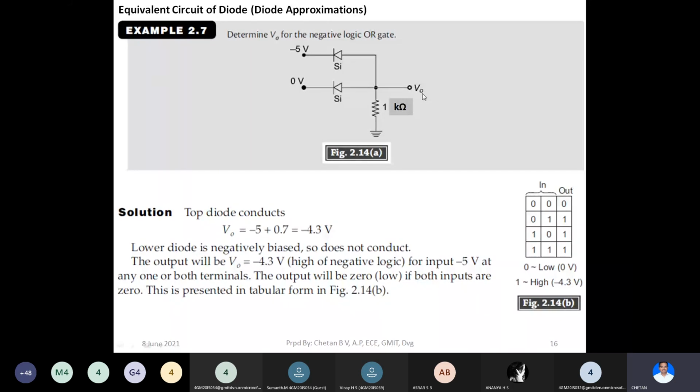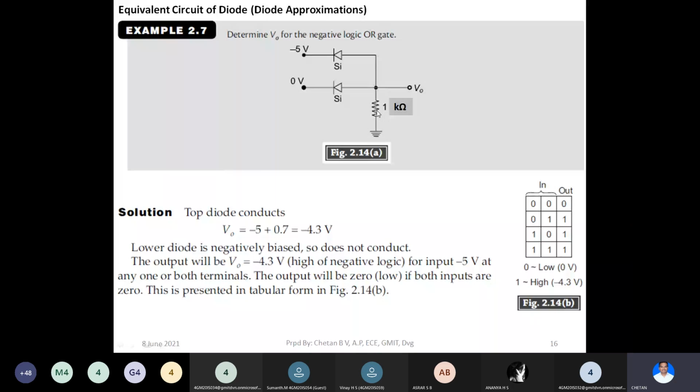Now minus 5 volt is connected to the cathode of the silicon diode. Minus 5 means the negative terminal of the battery is connected to the cathode, or negative terminal, of the diode. The positive terminal of this diode is connected to ground through this resistance of 1 kilo ohm. Then what would be the condition of this silicon diode?